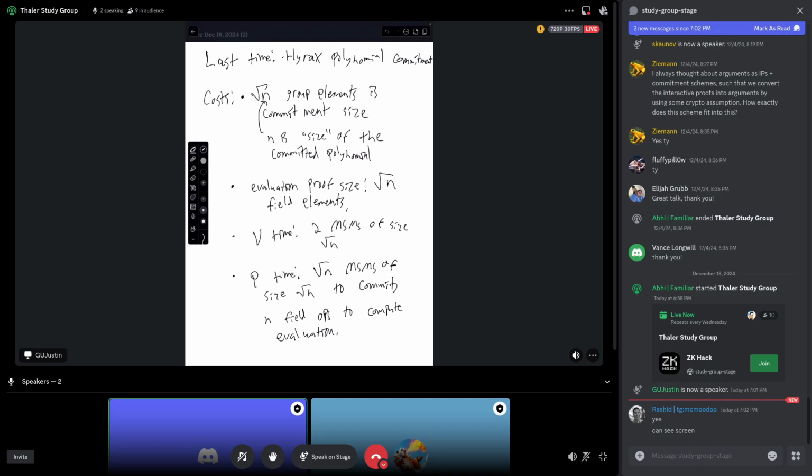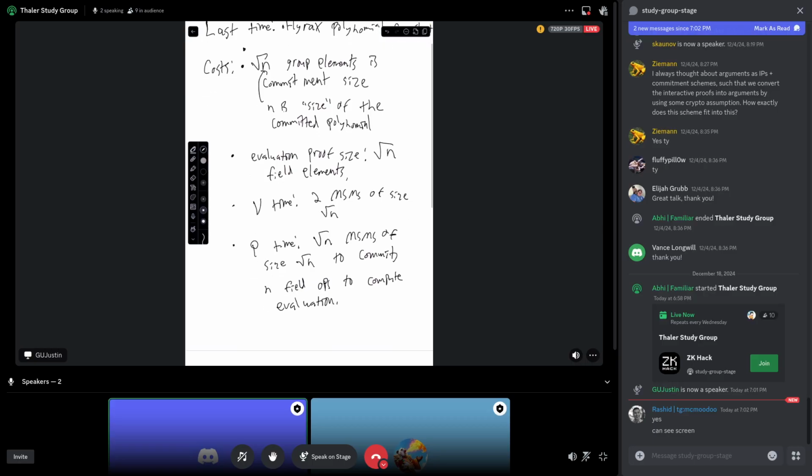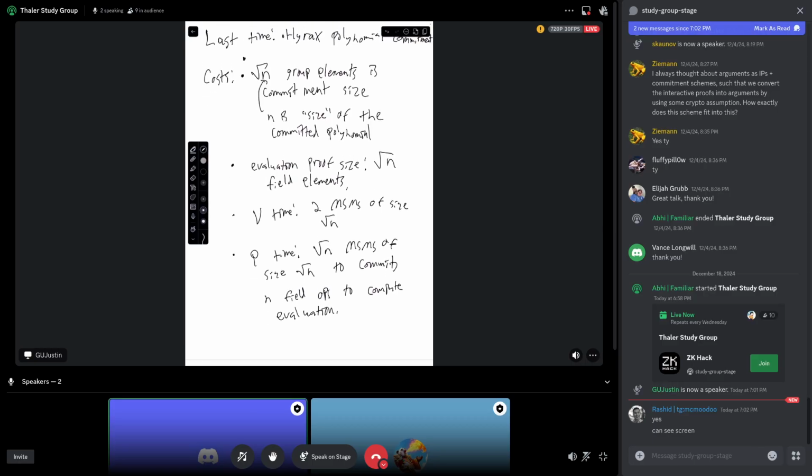So, a brief reminder of last time: we covered the Hyrax polynomial commitment scheme. I'll just summarize its costs and then we'll dive into new material. This commitment scheme, by the way, is transparent.